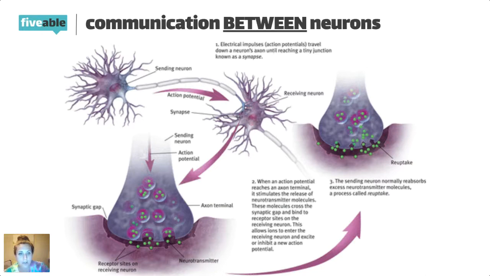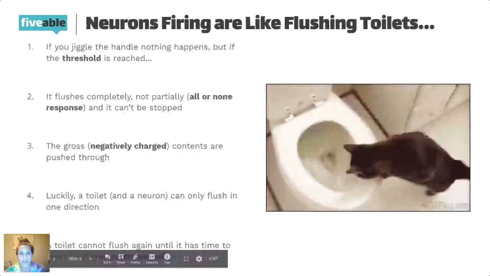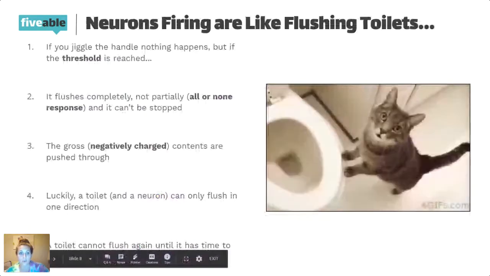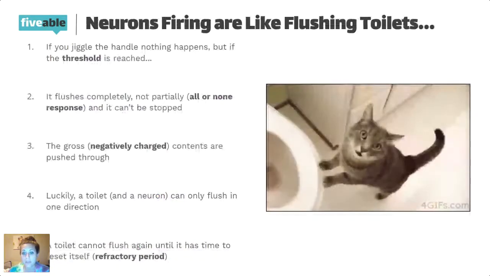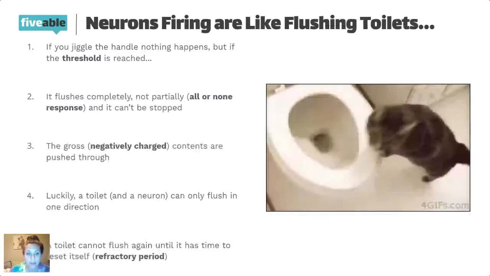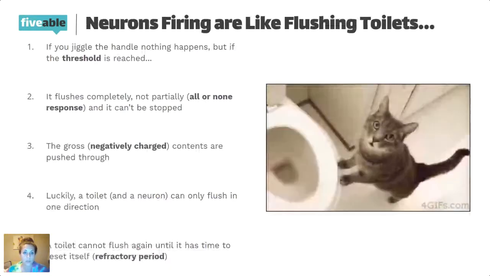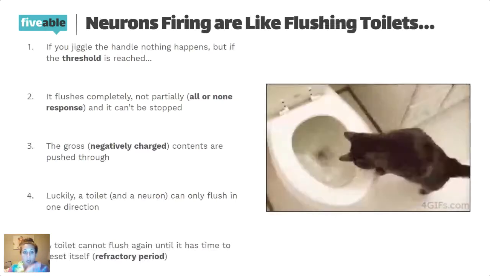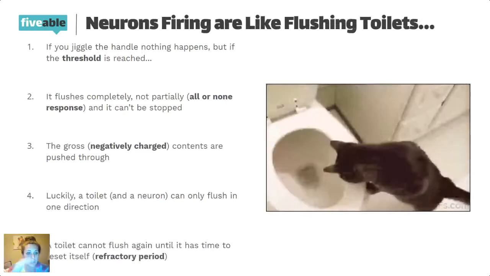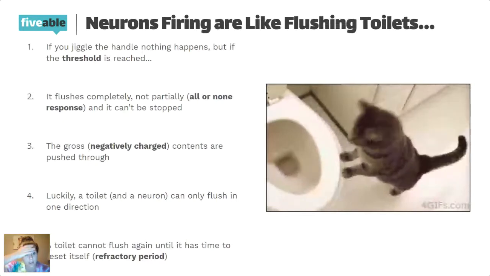So how does a neuron then decide if it's actually going to fire? And so I like this analogy of a flushing toilet here. I think it's useful for you to think about this when you think about a neuron firing. So first and foremost, a threshold has to be reached. We talked about that. A neuron will not fire until a certain amount of threshold is reached.